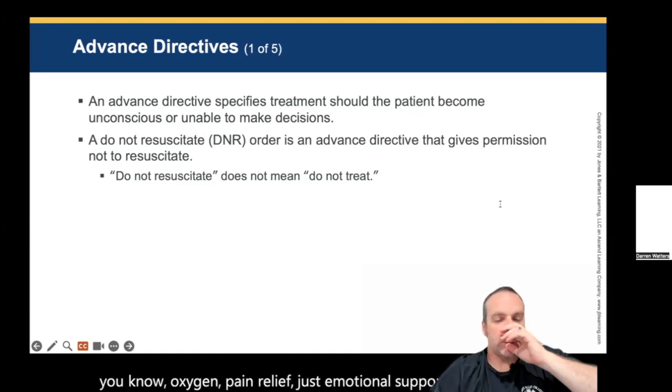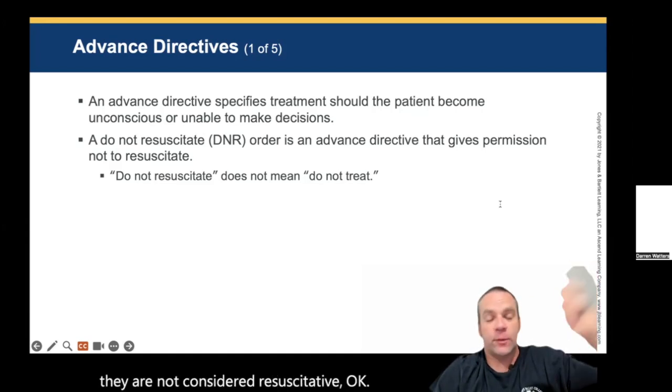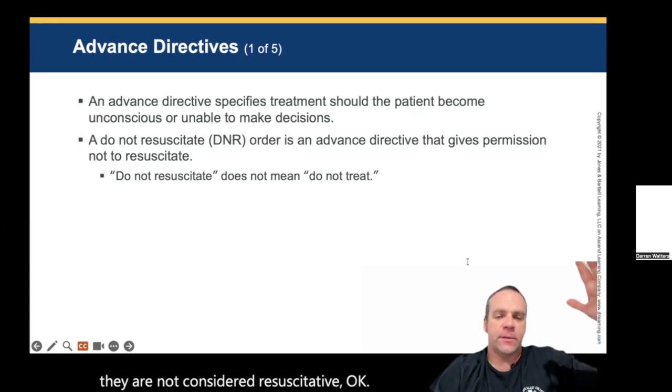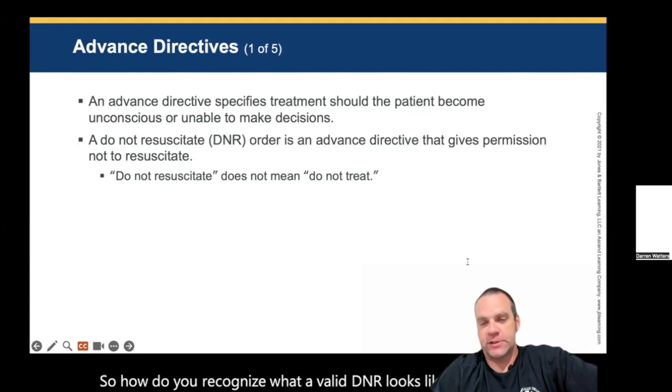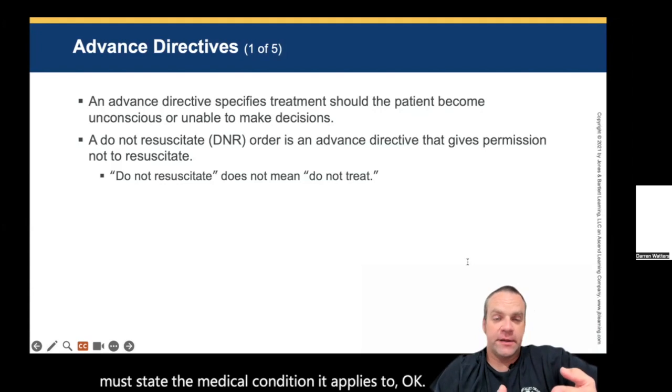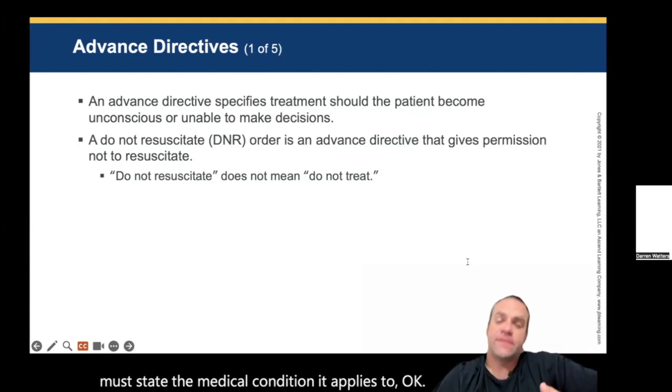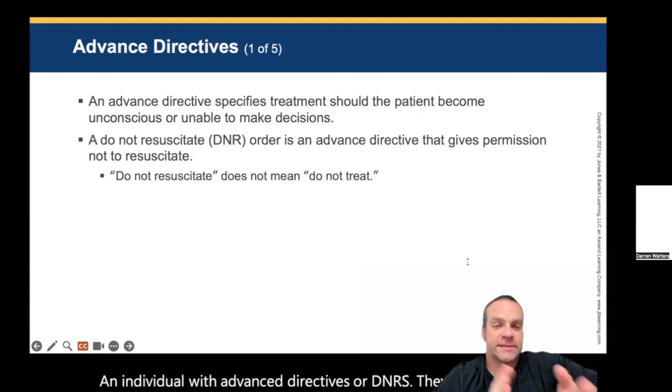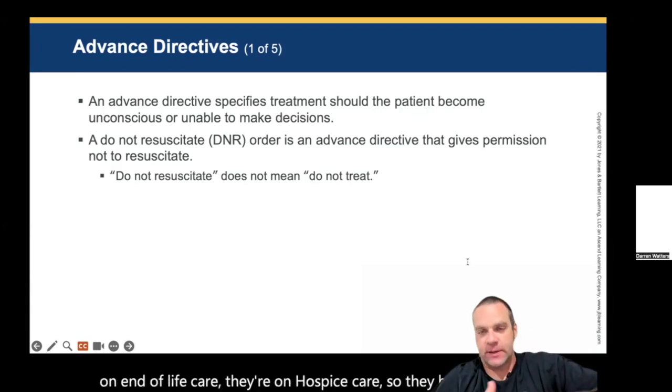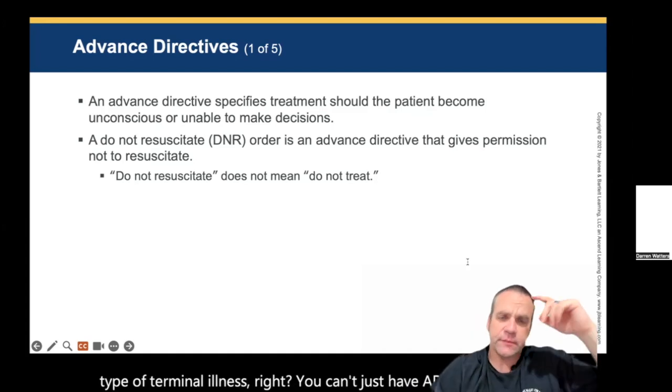So how do you recognize what a valid DNR looks like? It must state the medical condition it applies to. An individual with advanced directives or a DNR is typically on end-of-life care, on hospice care, so they have some type of terminal illness. You can't just have a DNR and be a perfectly healthy individual.